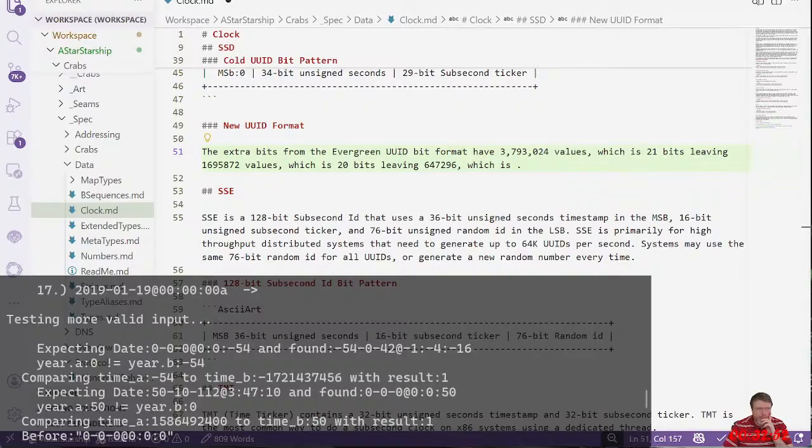I feel like maybe I'm cheating here. Why are there so many bit values? Am I just making up in my mind that this is more useful than what it would be?